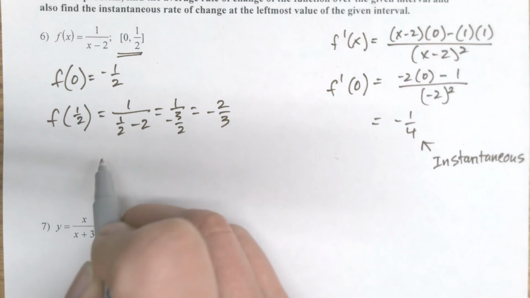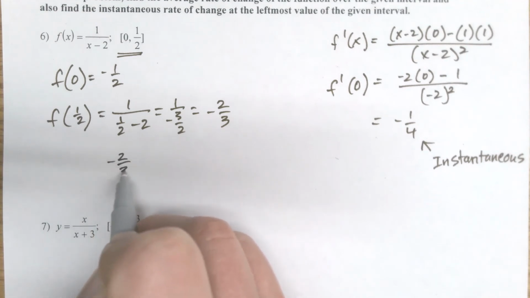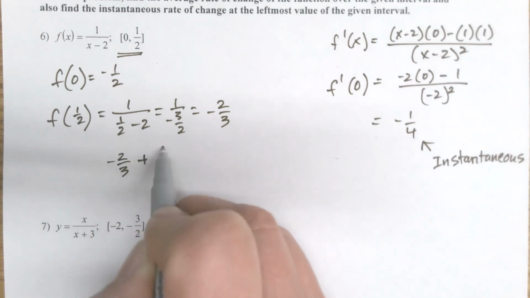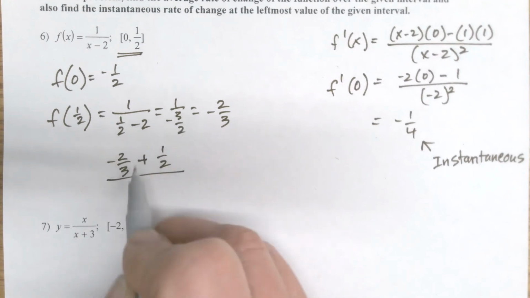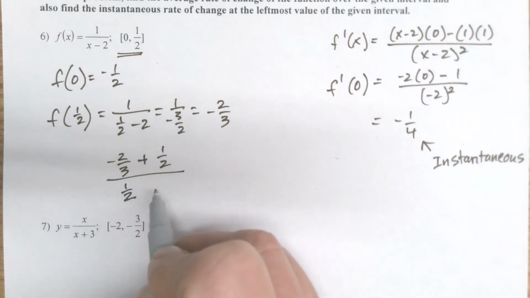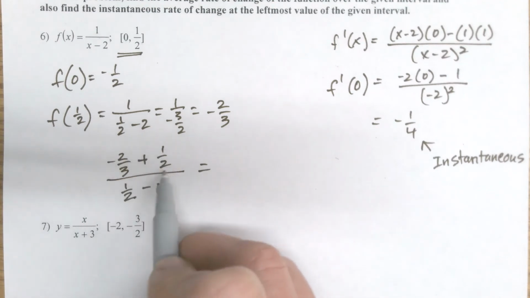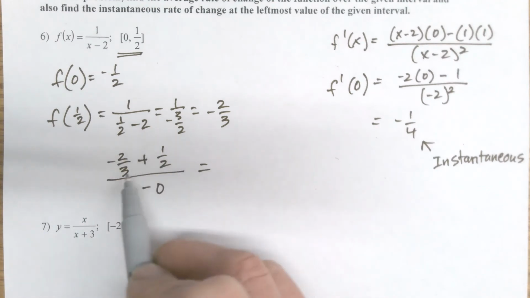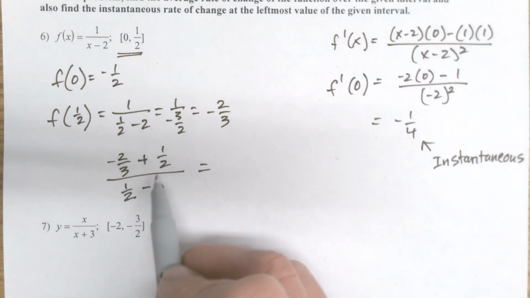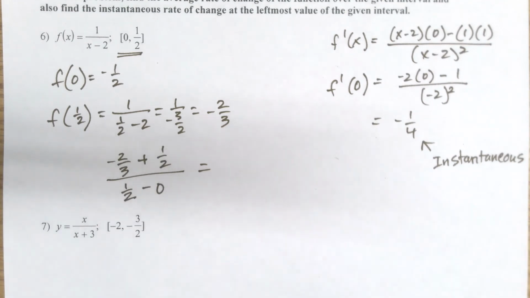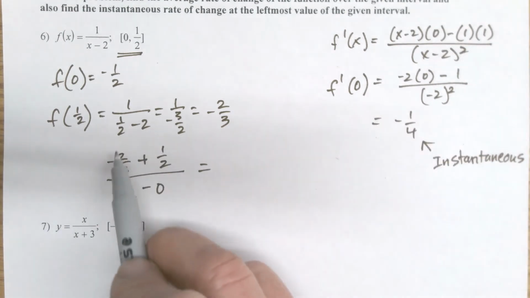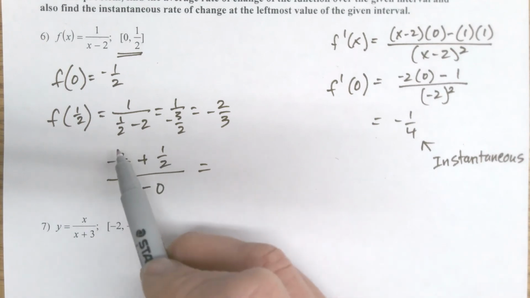But these are my values, so I'm going to plug it in for my average rate of change, and that's the slope formula. So it's negative 2/3 minus negative 1/2 over 1/2 minus 0. So y2 minus y1 over x2 minus x1, or f of x2 minus f of x1 over x2 minus x1, however you want to go through that. So I have negative 2/3 plus 1/2.